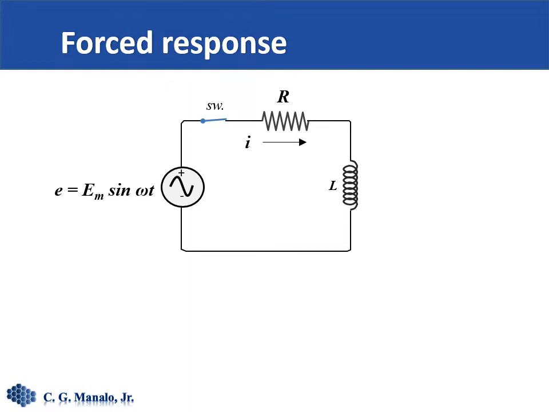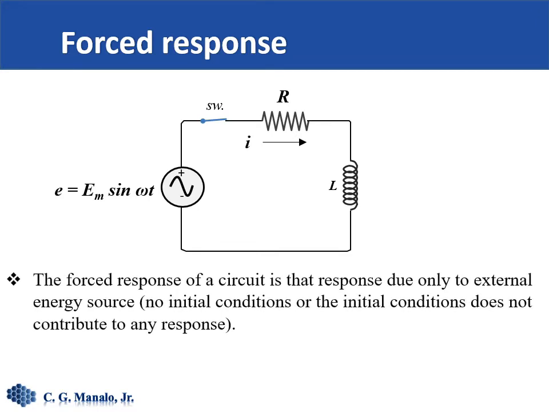Then we go to forced response. So what is forced response? This is the response due only to the external energy. So now we have an external energy, but the elements had no initial energy or initial conditions.